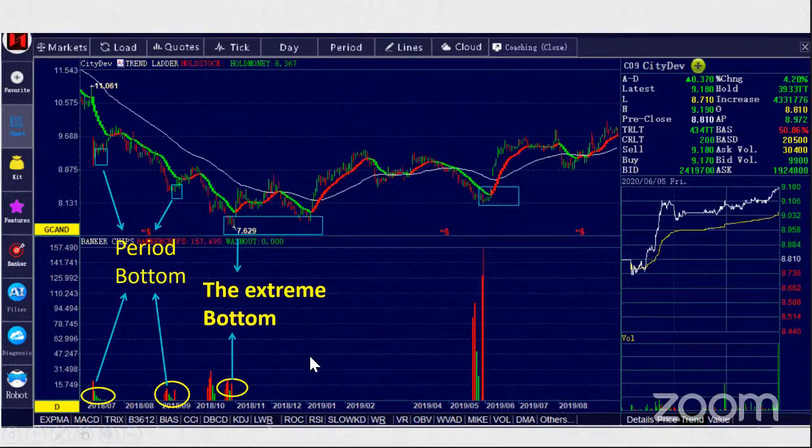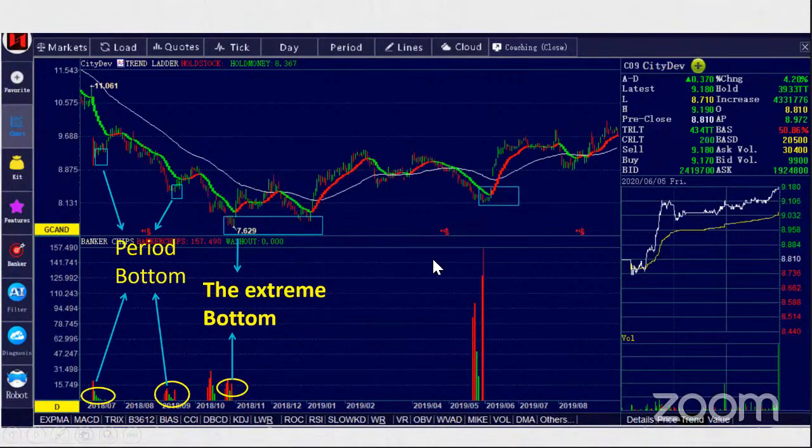So the most powerful feature about banker chips is it can always help us catch the extreme bottom. If you check a lot of stocks, almost more than 90% of individual stocks for any market, banker chips would appear at the historical low or around the historical low.